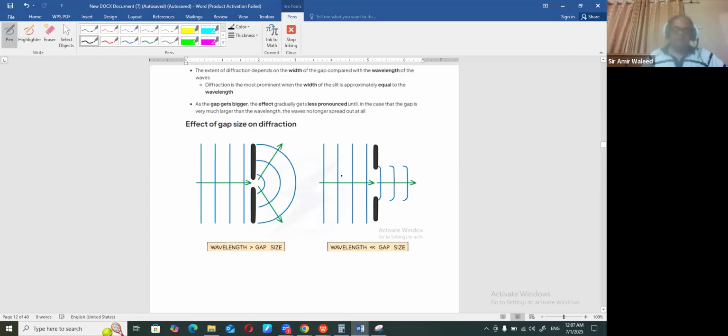But if the wavelength is very much smaller than the gap between them, then you can see there will be less and less spreading out. It looks like a straight line. If the distance keeps increasing, the spreading will be reduced. Okay, so if the distance keeps on increasing, the spreading will be as little as it can be.